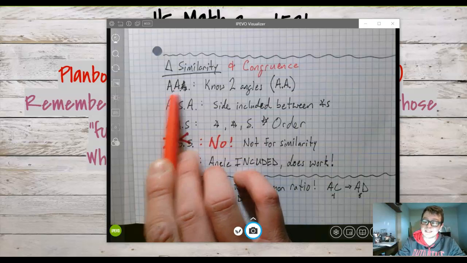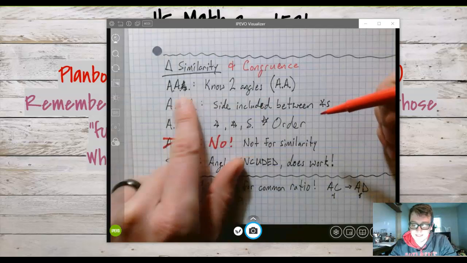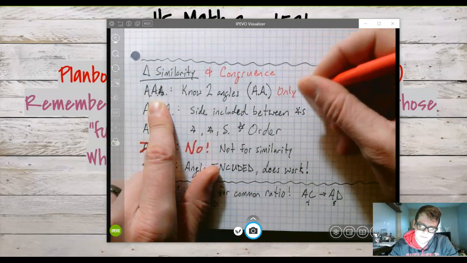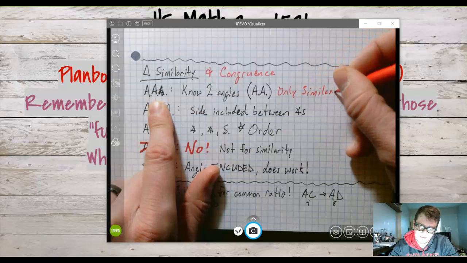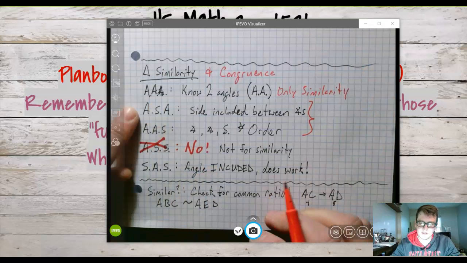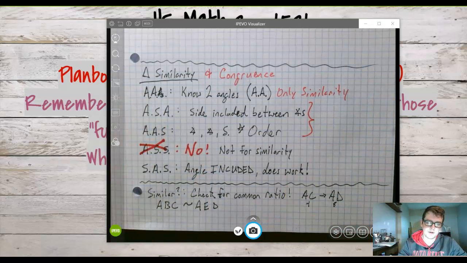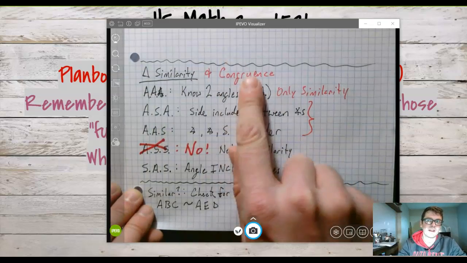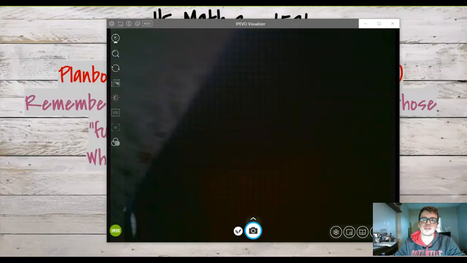No. Tells us similar triangles, right? So this angle-angle only works for similarity. Whereas these two, when we involve a side, can work for congruence as well. So right now we're just focusing on similarity, but it's because the congruence gets related to it.